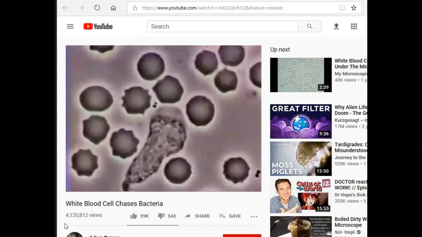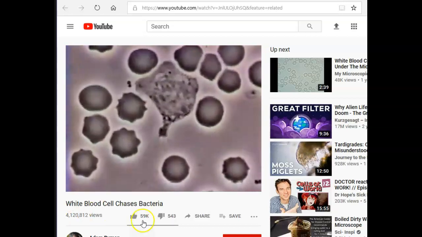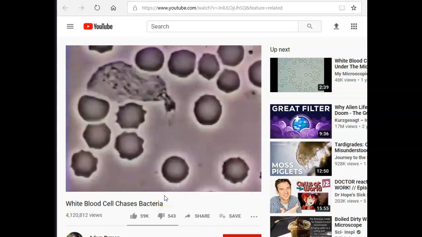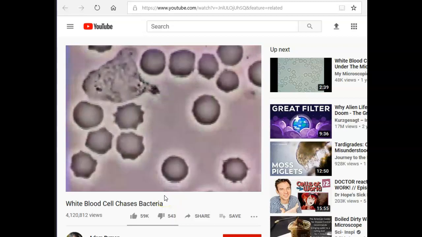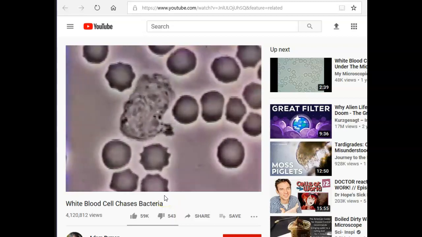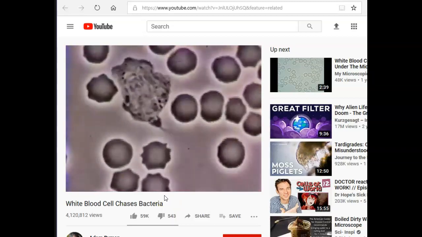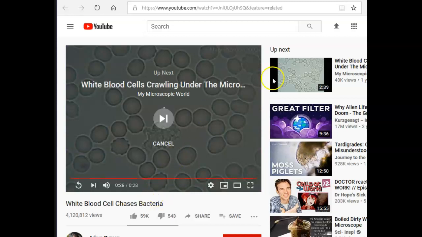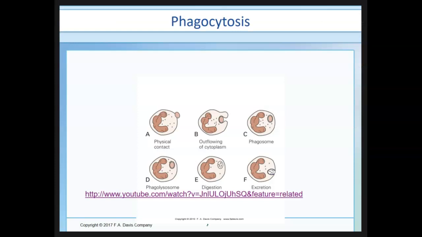It's going to catch it in a second, but this is what phagocytosis is all about. So there it caught it, it's engulfing it, and it's forming a phagolysosome, and it's going to digest it and put it right back out of the cell. Oh, that was so much fun.